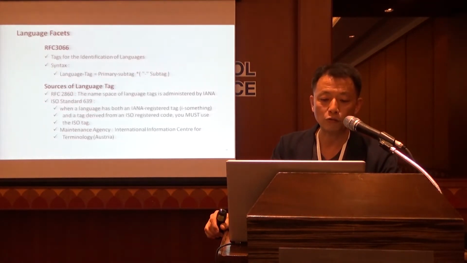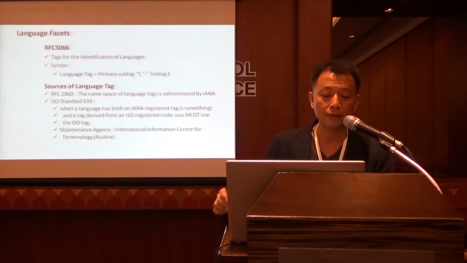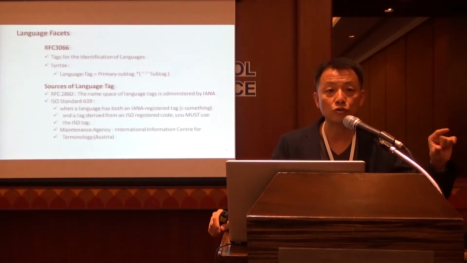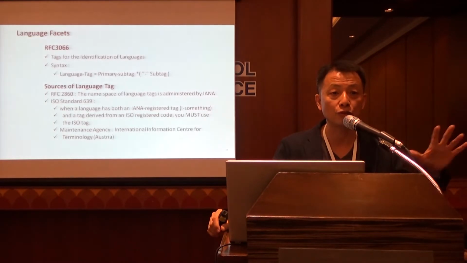So you can reference different language tags. Once you have a standardized or agreeable language tag, you can key in the search. The layer 2 search service will, based on your language tag, identify which database is appropriate for your search.